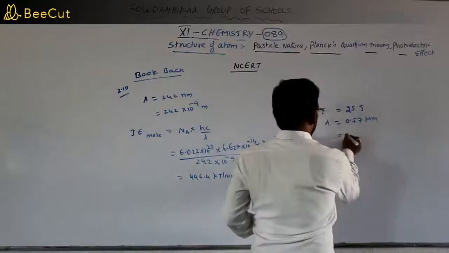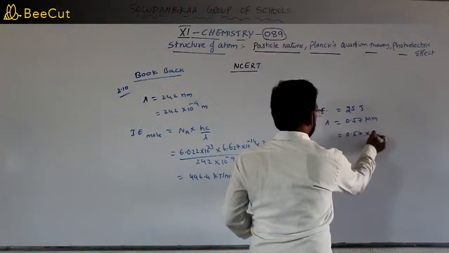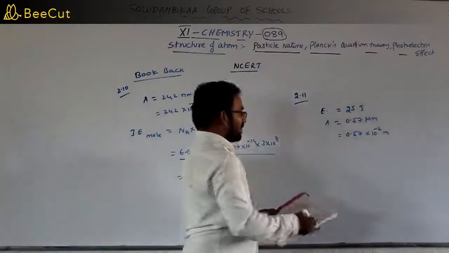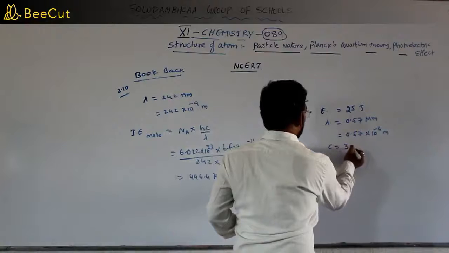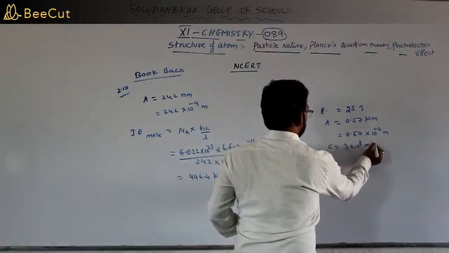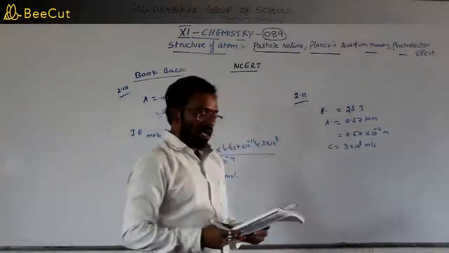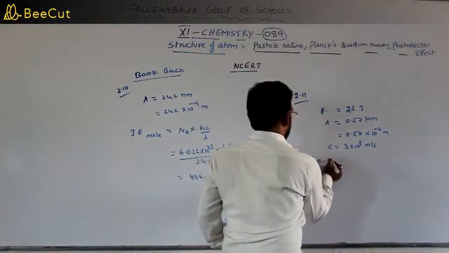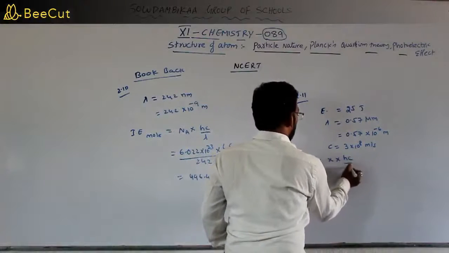Micrometer means, as we know from the conversions given in the synopsis, 10 power minus 6 meters. Velocity of light c is equal to 3 into 10 power 8 meters per second. Now energy of photons, we know the formula E is equal to x into hc by lambda.